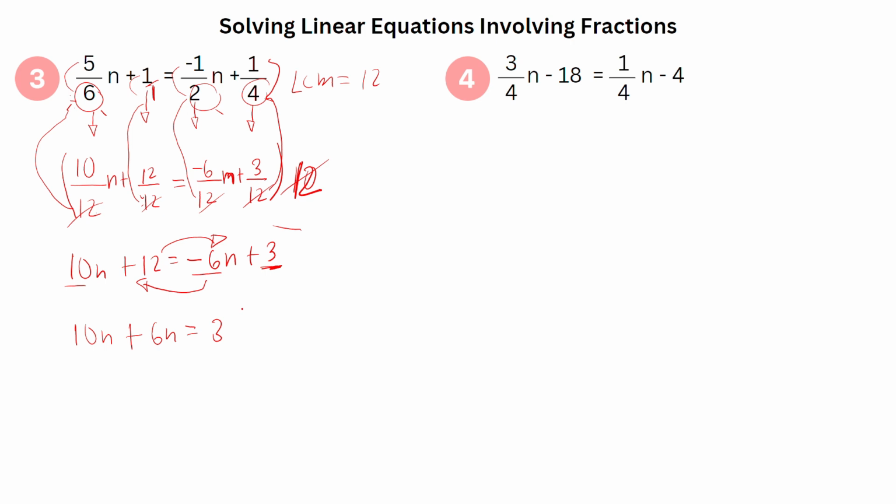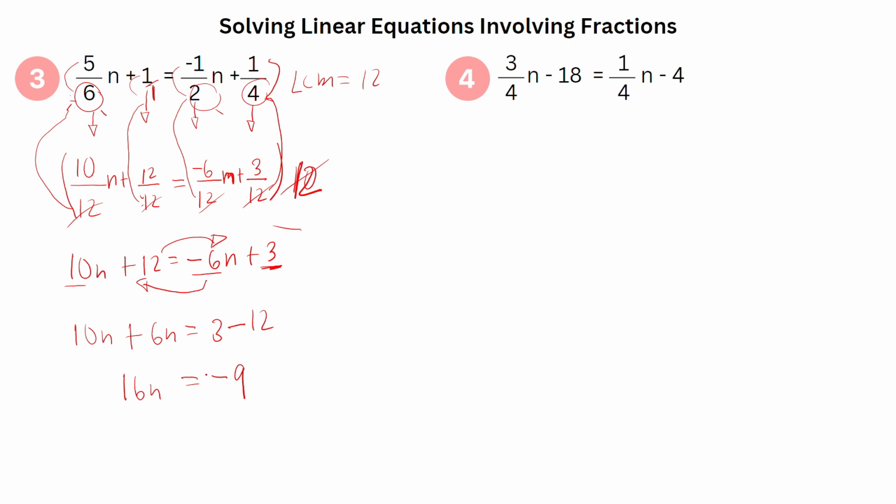Next, it has a new companion, the 12 from the left side. 12 from left to right will become negative 12. Now, what is 10n minus 6n? That is 16n, and then equals, what's 3 minus 12? That's gonna be negative 9.